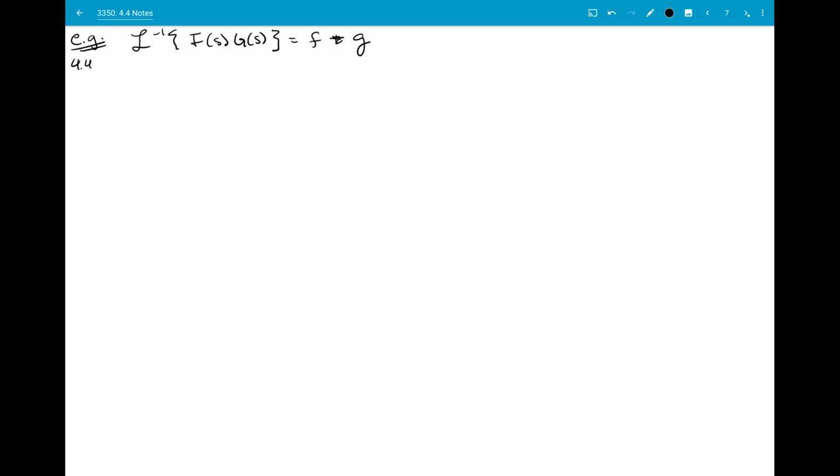So we're back to 4.4.2, and we found X equal to 1 over s squared plus 16 plus s over s squared plus 16 squared. We know that x of t is going to be the inverse Laplace transform of that, but we need to be able to find those different pieces.